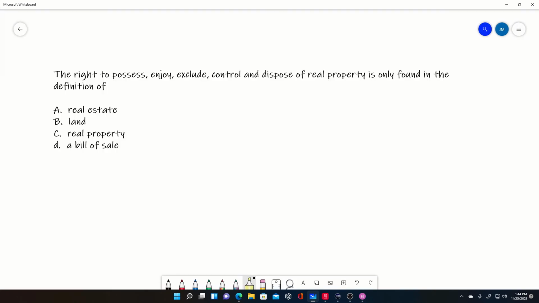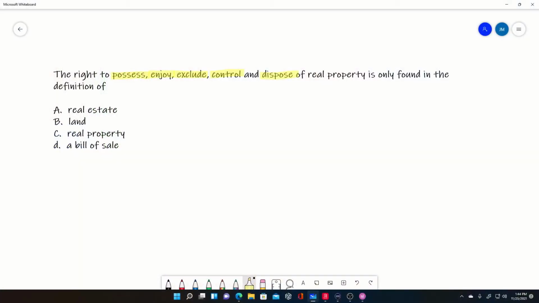The right to possess, enjoy, exclude, control, and dispose of real property is only found in the definition of... Let's think about this. That sounds like that bundle of sticks, doesn't it?